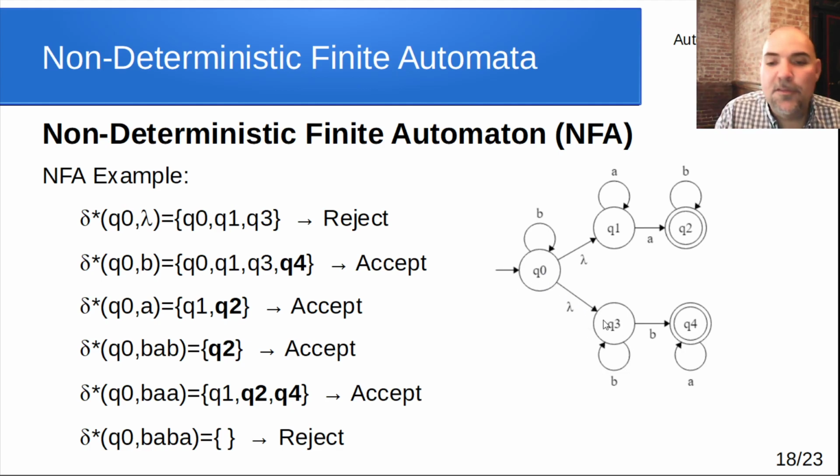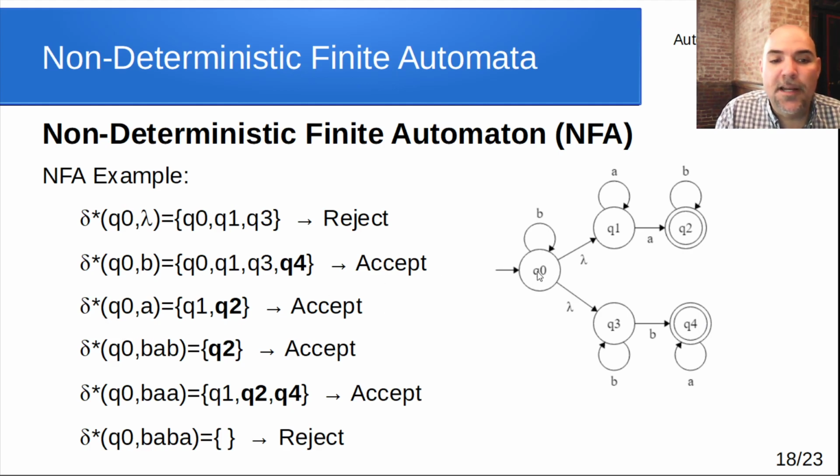I could have done any of those other paths, those walks through this thing. But because there exists one of these walks, lambda B, that matches my string and got me to a final state, I accept. All right, let's look at another one.